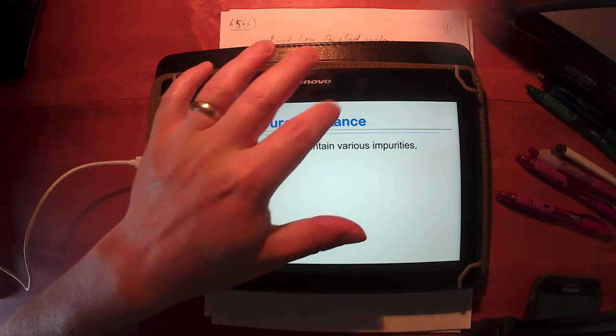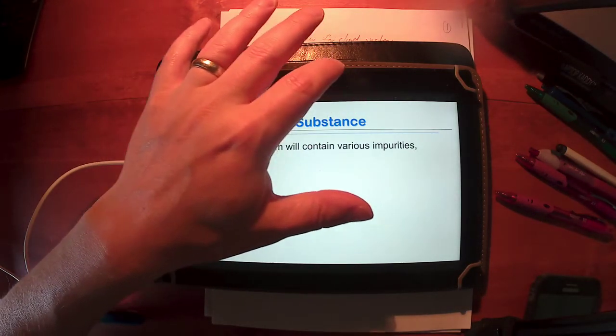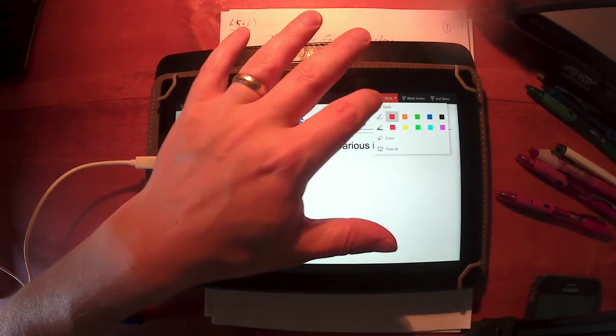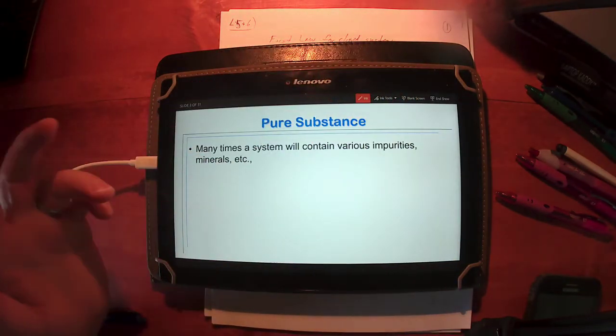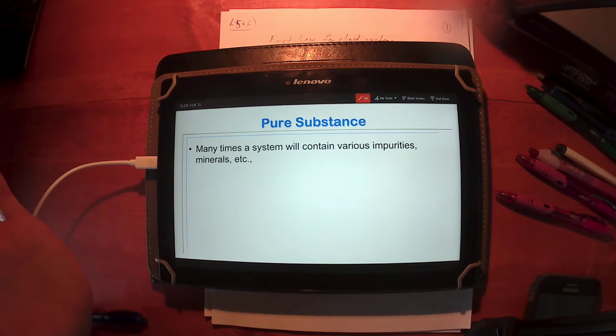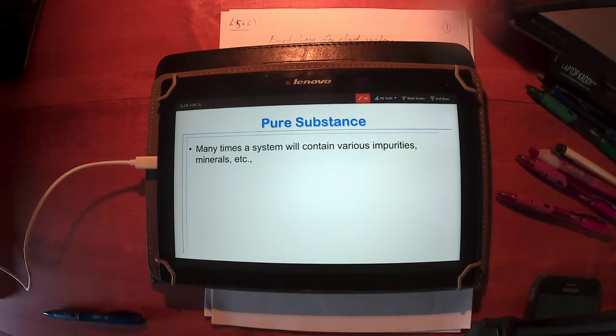We also need to acknowledge that it's not uncommon that we're going to be dealing with a pure substance that has some impurities. If I have really purified water, it is going to be reactive and it is going to dissolve whatever it can find. Pure water wants to dissolve something.